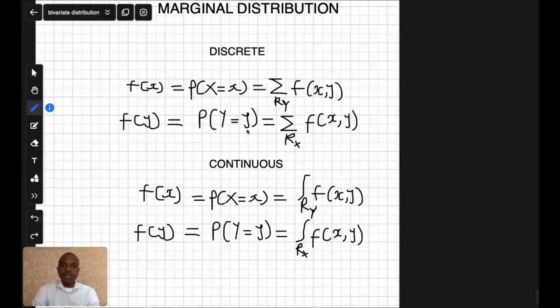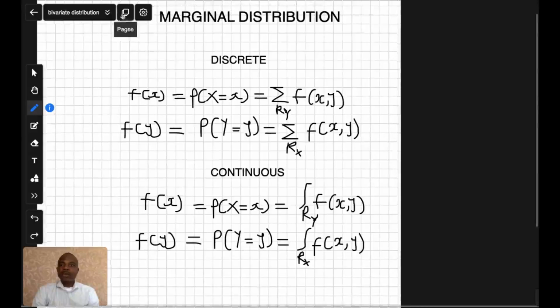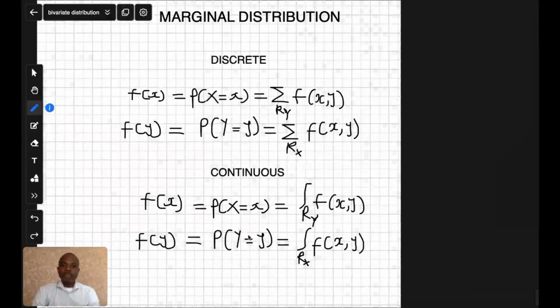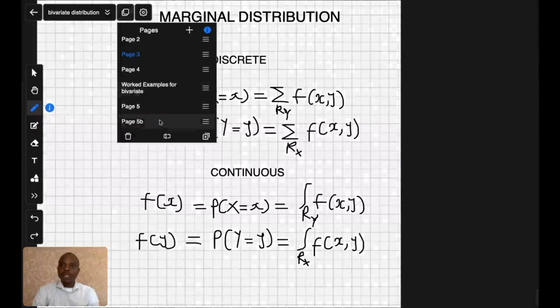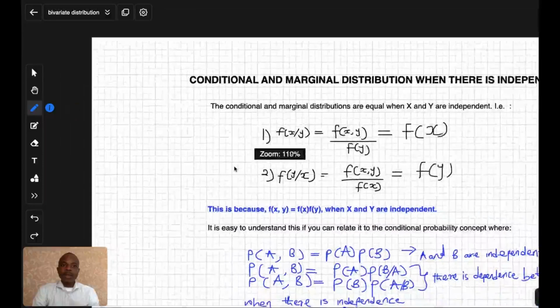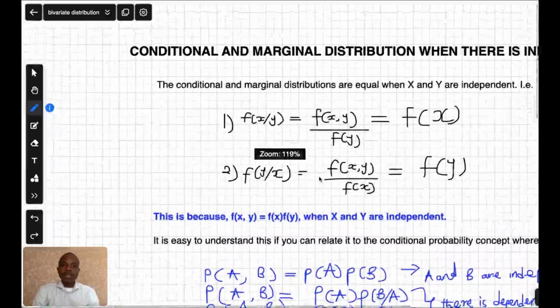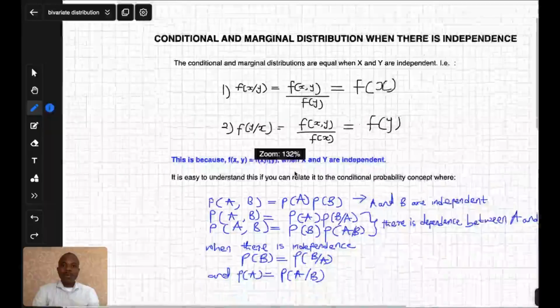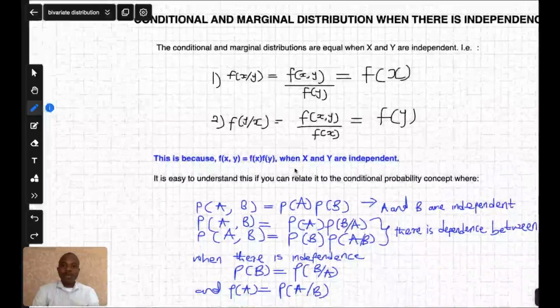This was what we did. So now we have defined marginal distributions to be this in the case of discrete and continuous functions, and we are now saying that when there is independence, then what we have above is true.